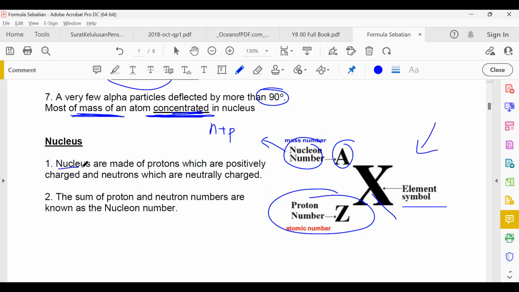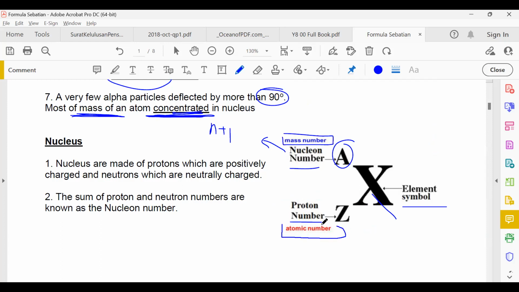Okay, so like I've mentioned, the nucleus is made of protons, which are positively charged, and neutrons, which are neutrally charged. The sum of proton and neutron number is known as the nucleon number. Sometimes in your exam, they won't use the word nucleon number or proton number. Sometimes, when they want to be a real big troublemaker, they'll say mass number and atomic number.